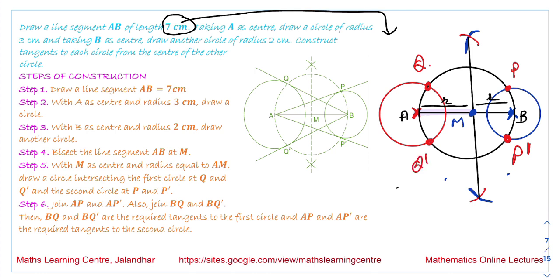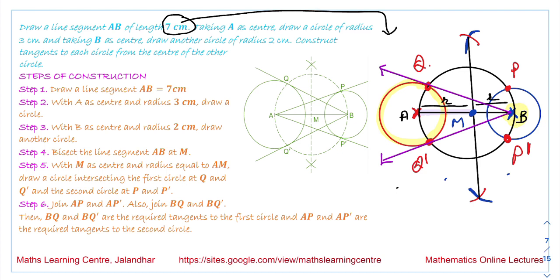We join the point Q and B. So we obtain the tangent over here. Now if we join the point B with Q, we obtain the tangent in this form. This is the tangent to this circle from the center of the second circle.